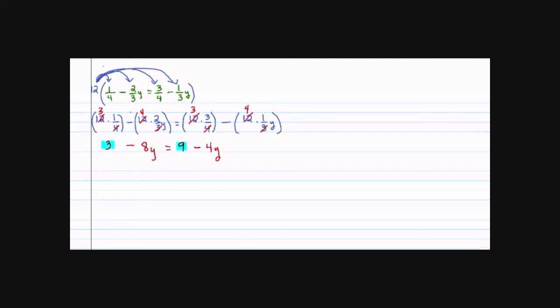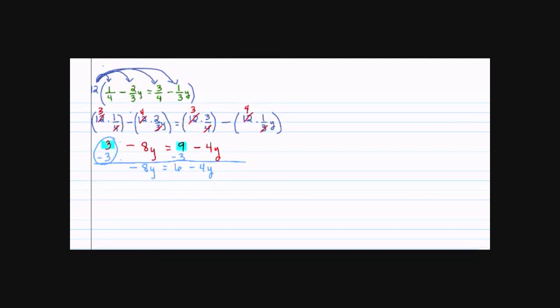The opposite of a positive 3 is a negative 3. Three and negative 3 equal a big fat 0. I have a negative 8y equals 9 minus 3 is 6, negative 4y.